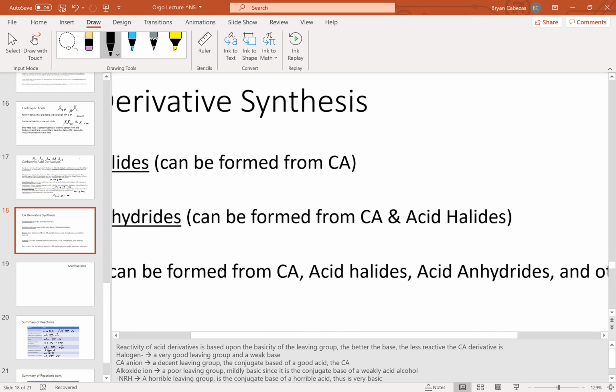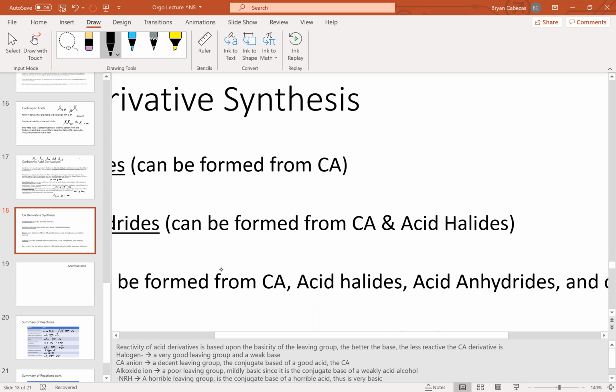So for your acid halides, for example, to make one from the carboxylic acid, you have an OH group here. Then we have an R and an H group here. Let's just say we have SOCl2. For this reaction, we're going to be forming an RCl, which is an acid halide, or specifically an acid chloride.